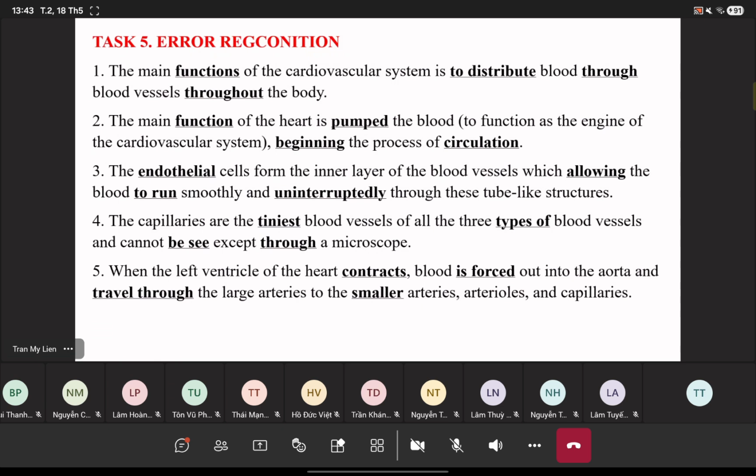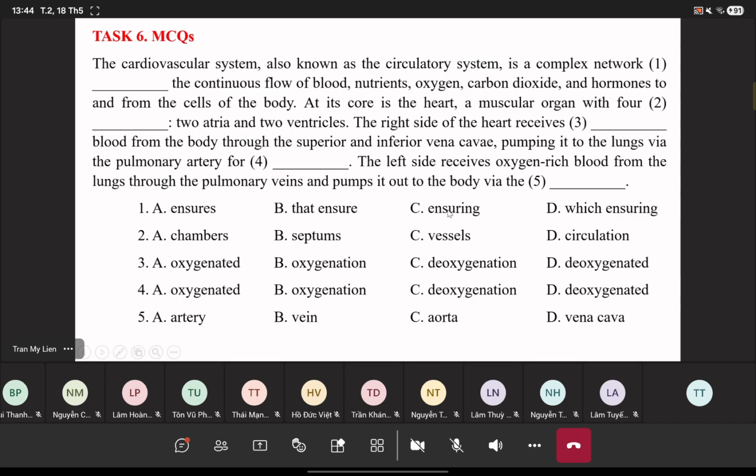That's 5, error recognition. That's it. Then MCQs for the passage.